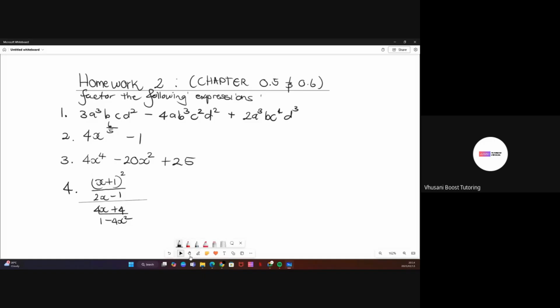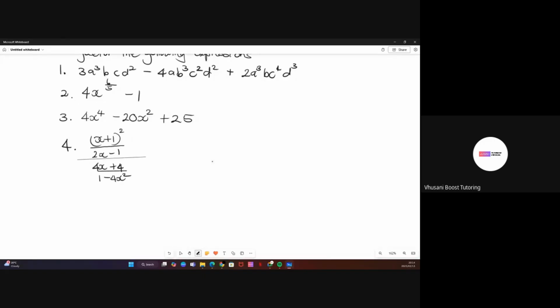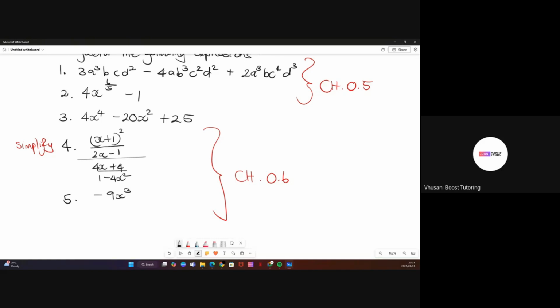And the last one that I would like you guys to do, okay, let me be lenient and give you guys a decent one. Let's go with negative 9x to the power of 3 divided by x minus 3. Okay, so please do these ones.